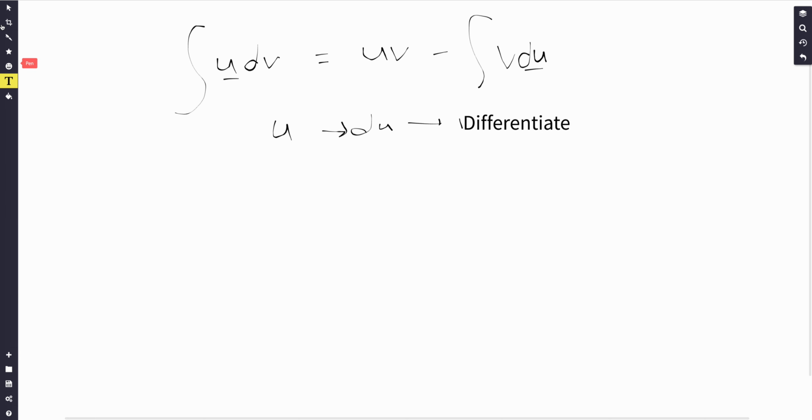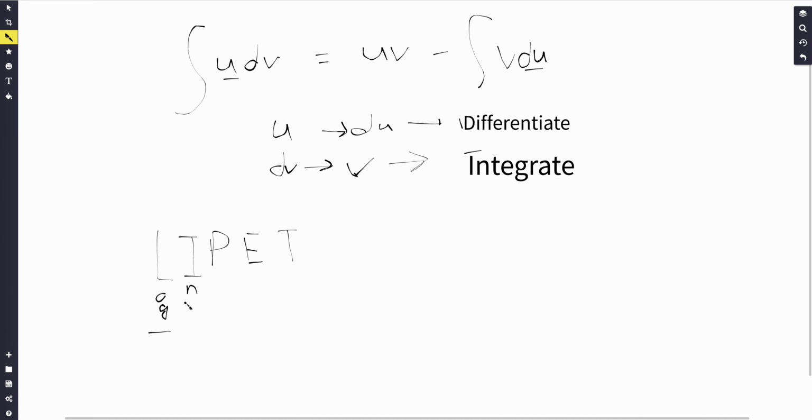So L would be log, I would be inverse trig, P would be polynomial, E would be exponential, and T would just be trig. For a log, just remember natural log, logarithms.